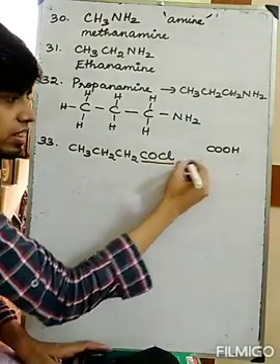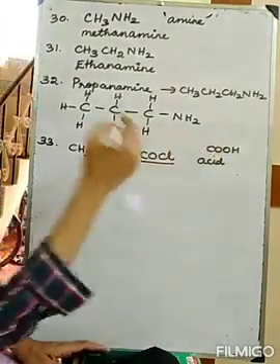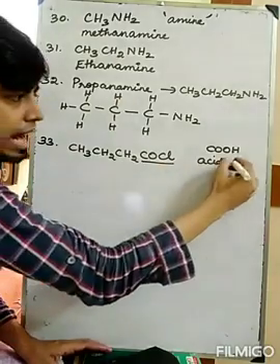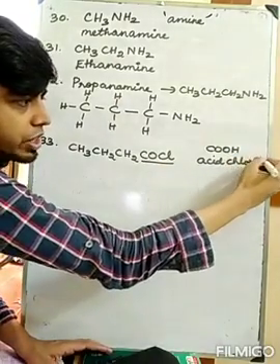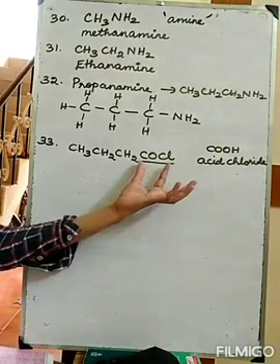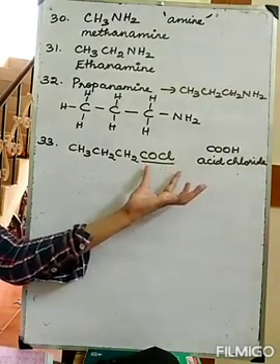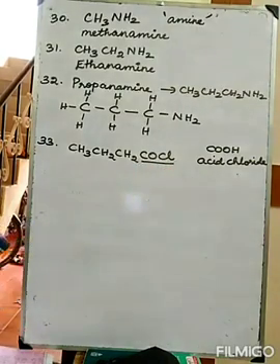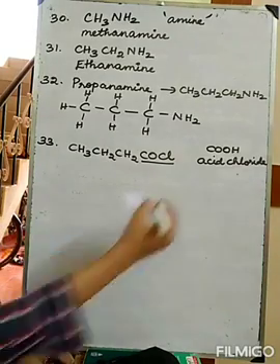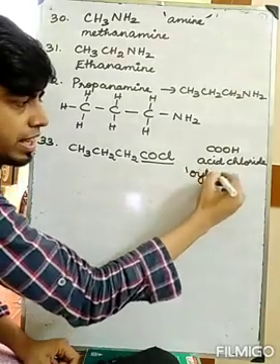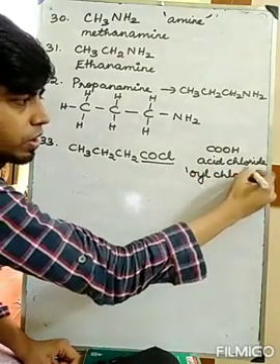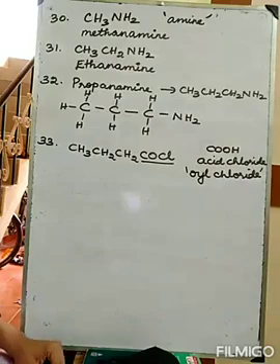COCl, I told you yesterday while writing the tabular column, is the acid chloride functional group. If it is the acid chloride functional group, what is the suffix you have to add? You have to add oyl chloride. Oyl chloride.